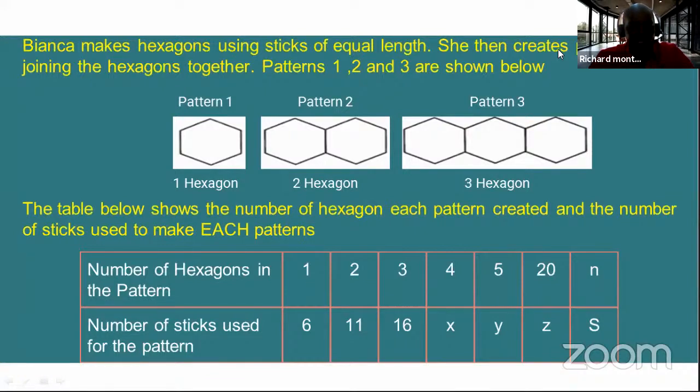All right, students. So I want for you now, in the table, we're seeing X, Y, and Z. What would we place in each of those? You have 2.5 minutes.